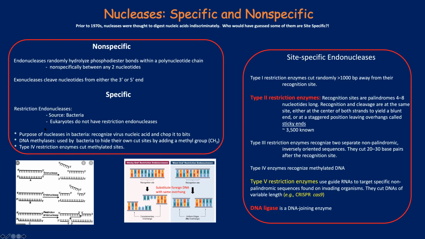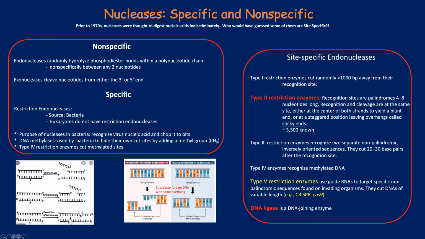Now, where do these enzymes come from? Bacteria, only bacteria. Eukaryotes do not have restriction enzymes. In bacteria, the purpose of a restriction endonuclease is to recognize virus nucleic acid and chop it up.